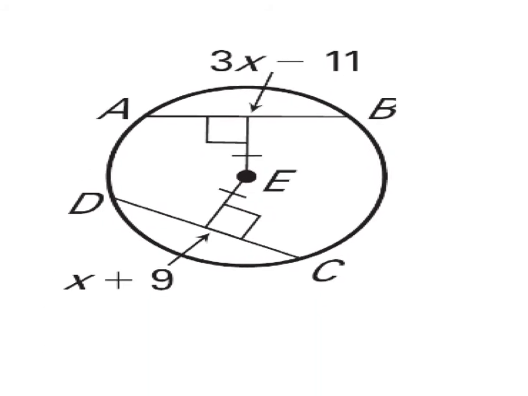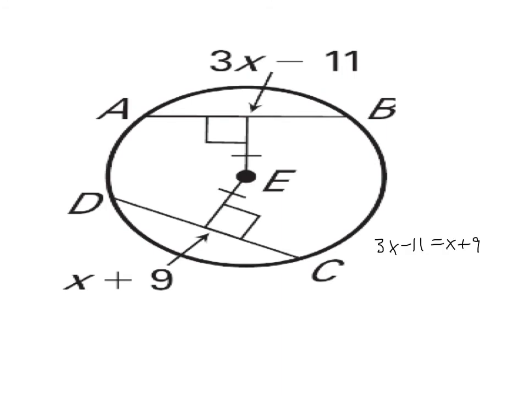Okay, the third example here goes back to what we learned at the first part of 12.2, where you'll notice you have 2 chords, and they are both the same distance from the center. Well, if they're both the same distance from the center, then we know that the 2 chords are equal to each other. So I can say 3x minus 11 equals x plus 9.